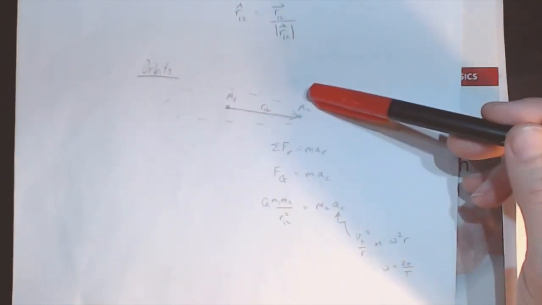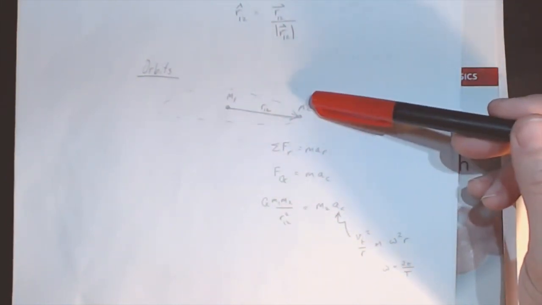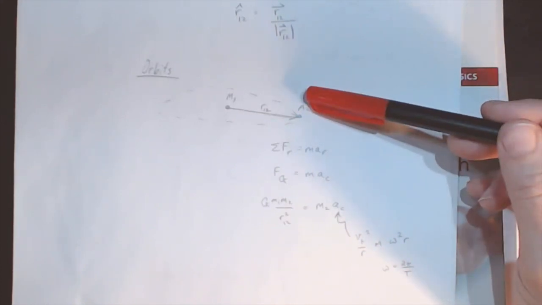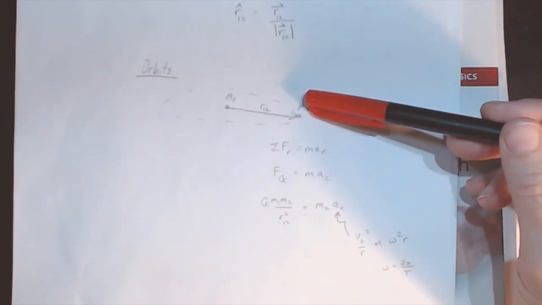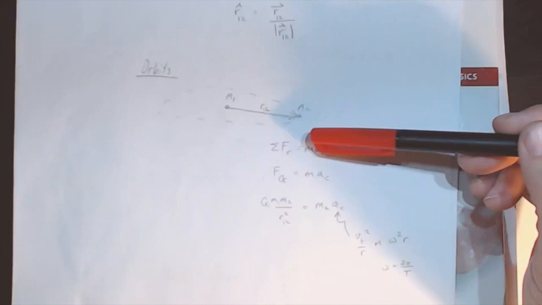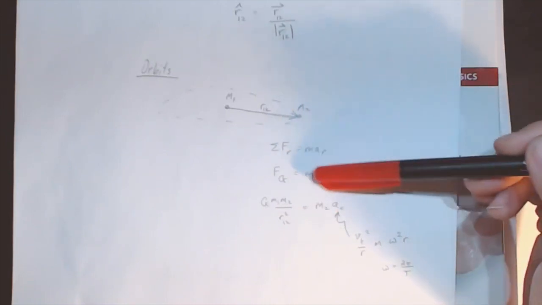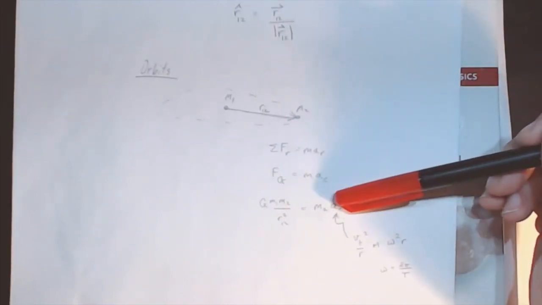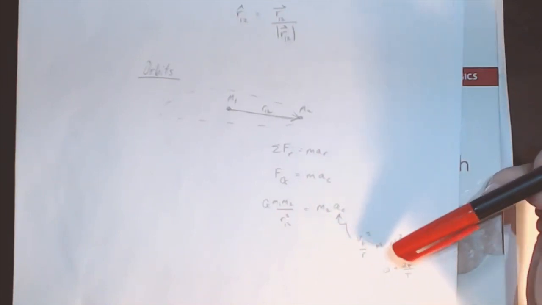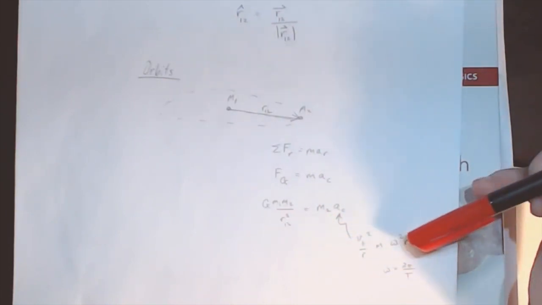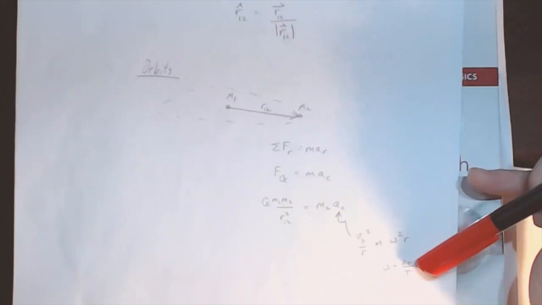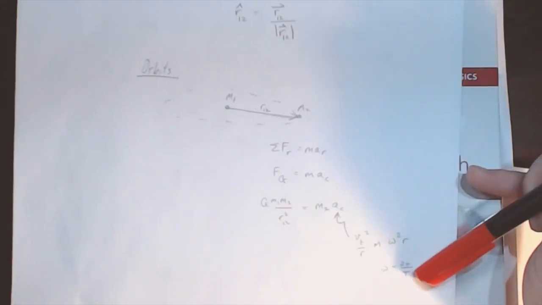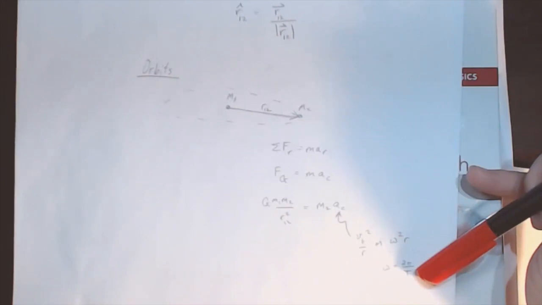And then when we've got an object going in a circle, the m2 is the mass that's going in the circle, that's moving in the circular motion, so the right hand side mass is mass 2. The centripetal acceleration is often written as omega squared r for orbitals because often we're talking about the period of the orbit, so we'd be plugging in a 2 pi over the period for omega.